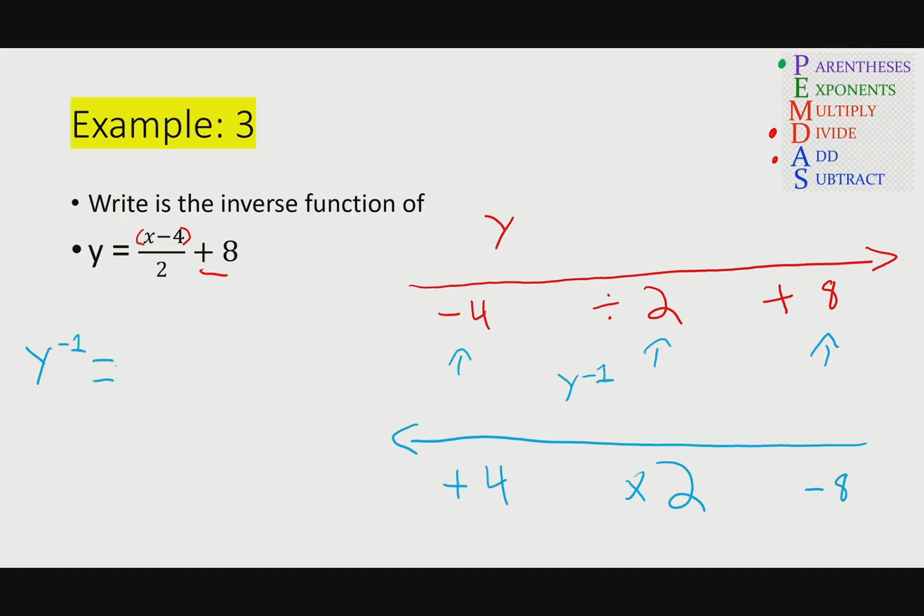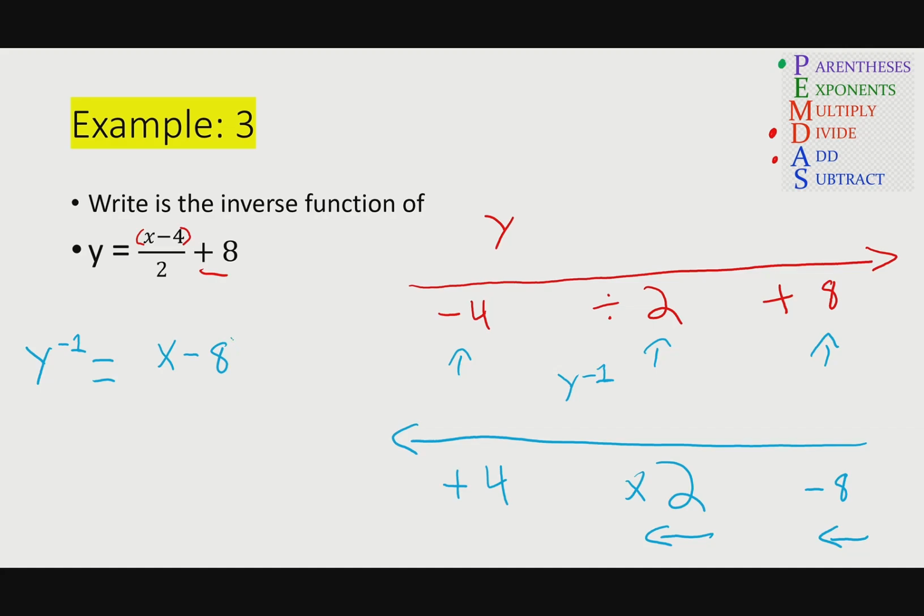Alright, and from here we just need to write our function. So we always start with our variable and we move this direction. So we first subtract 8. So we would have x minus 8. And whatever x minus 8 is, we are then going to be multiplying that by 2.